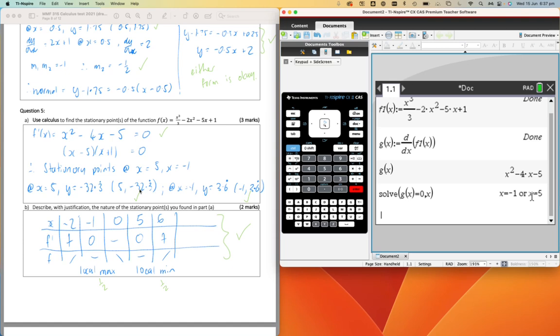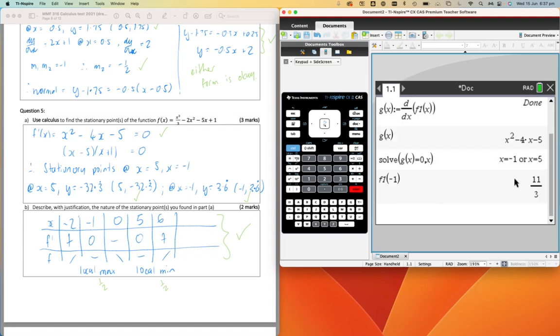Great. Well, what about the y coordinates? Well, I can go back to my original function, which is f1 of x, and I can go f1 of 5. Oh, -1, I'll do it in order. f1 of -1. There's the y coordinate there, 11/3, which would be 3.6 recurring as I've got there.